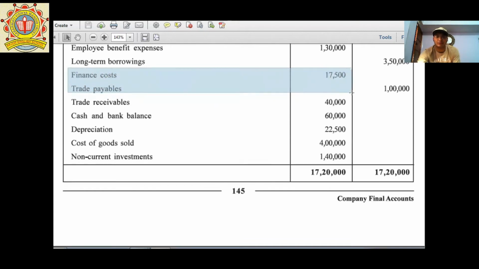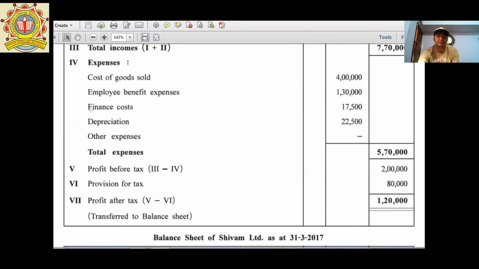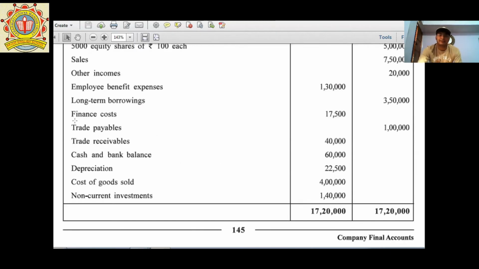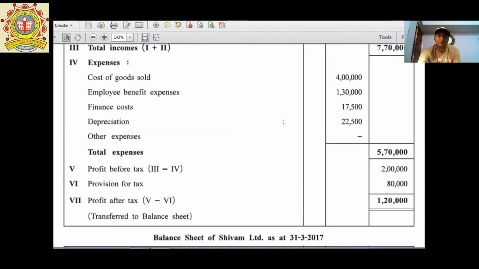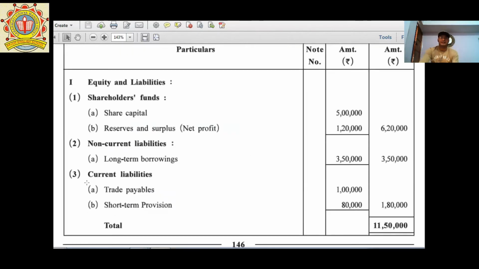So in the P&L account, we have to write under the heading of expenses, finance cost, like this. Then there is trade payable. Trade payable is a part of equity and liability, but under the heading of current liability, for 1 lakh rupees. Under the heading of current liability, there is trade payable for 1 lakh rupees.